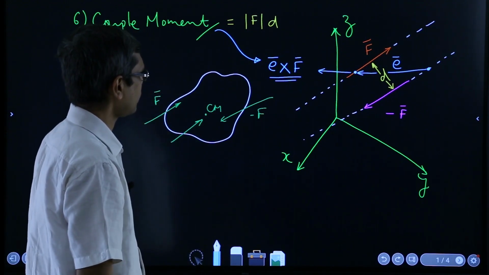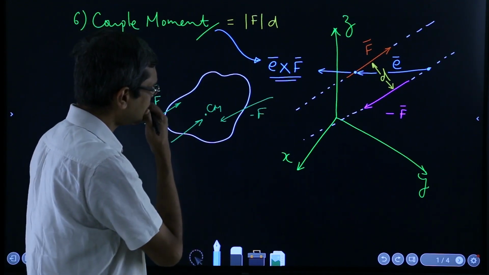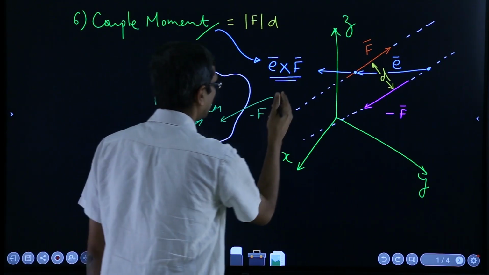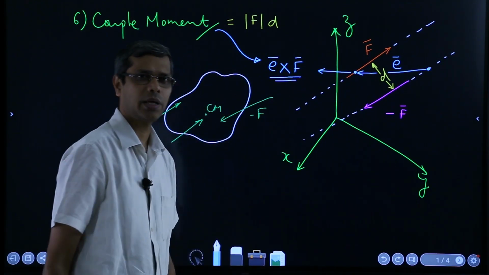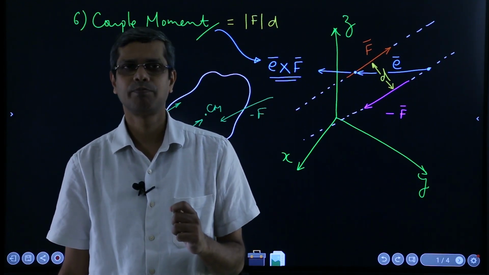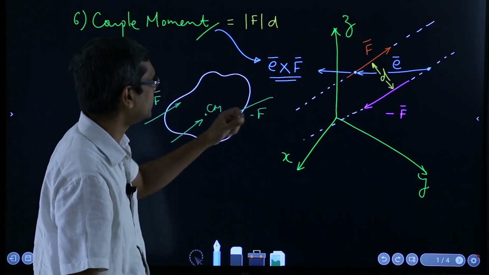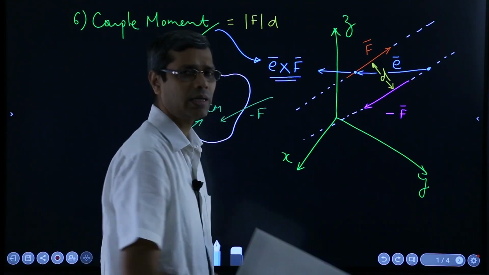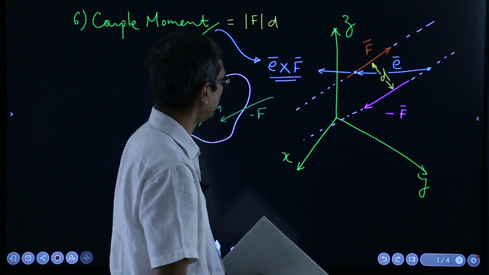Now, once you accept that this is how you calculate, you can prove a very beautiful and important character of this couple moment. Actually, one before that, what about the direction of this moment?